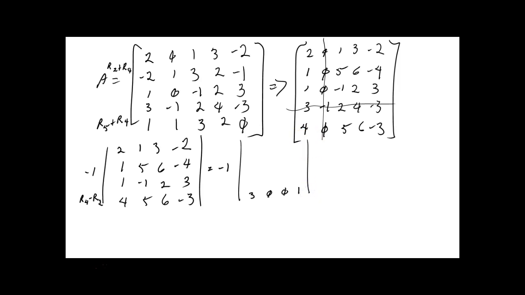Now, while we're at it, I'm not sure this is going to be very helpful, but I mean, we could do it. We could add row 1 and row 3. Again, it may not be helpful, but it sure doesn't hurt anything, I don't think.